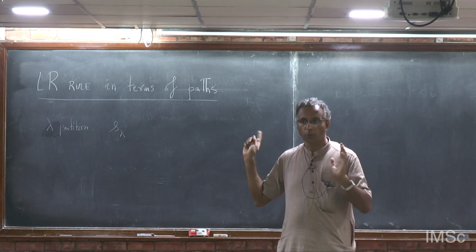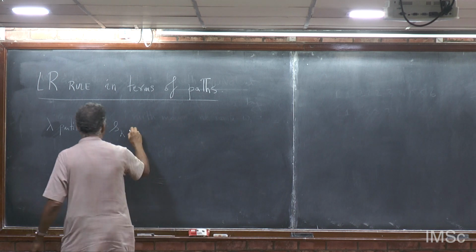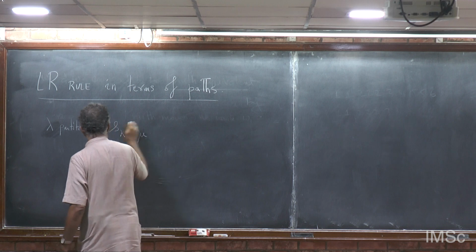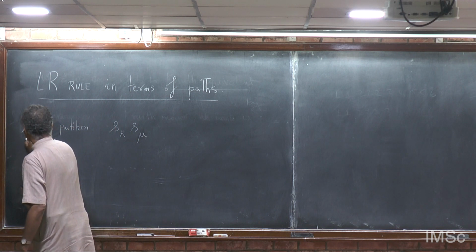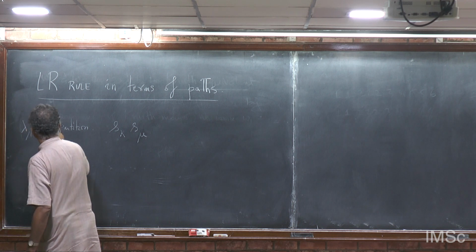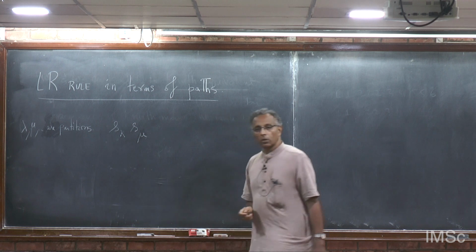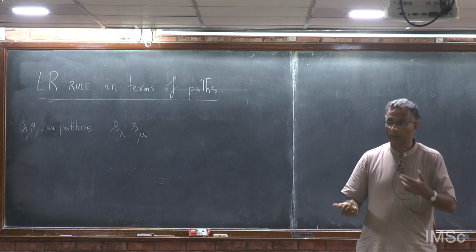So if we multiply two of them, where mu is also a partition, lambda, mu and so on are partitions, that is another symmetric polynomial in n variables.